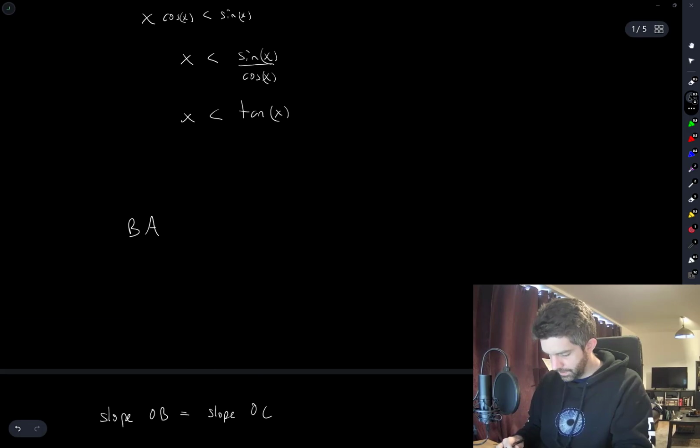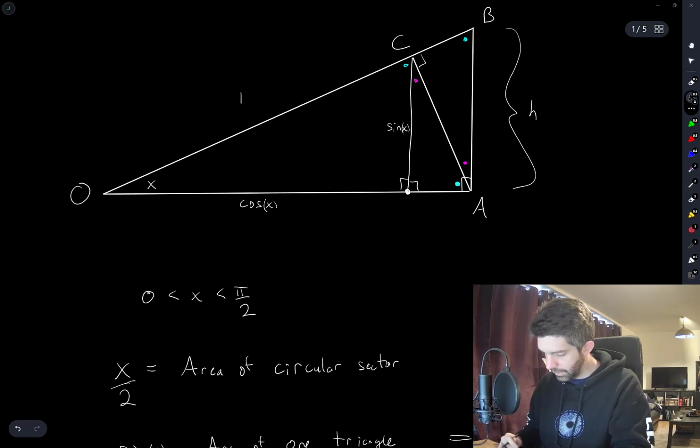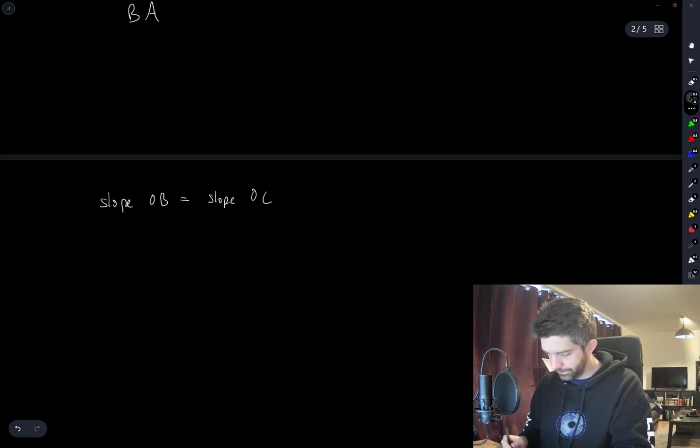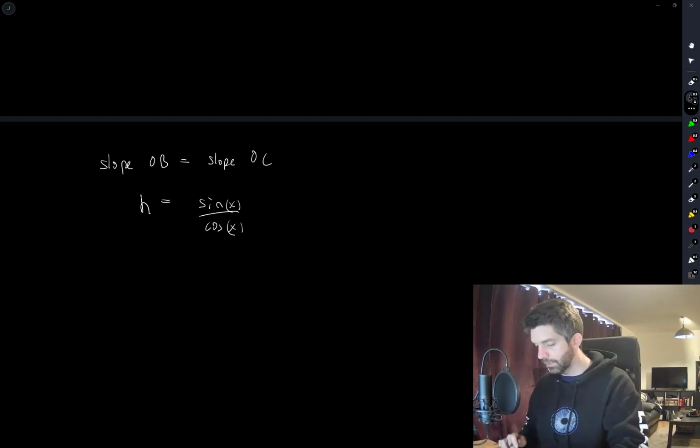The slope of OB is H, because OA, this is the point (1,0), and the slope of OC is sine x over cos x. Okay, yeah, so the height of this triangle is tan x.